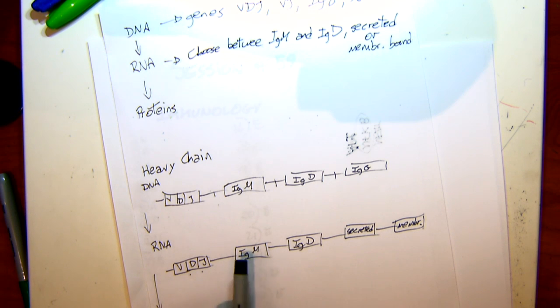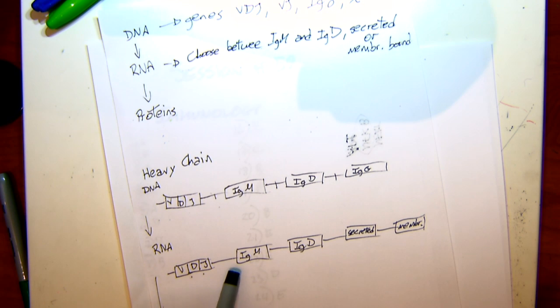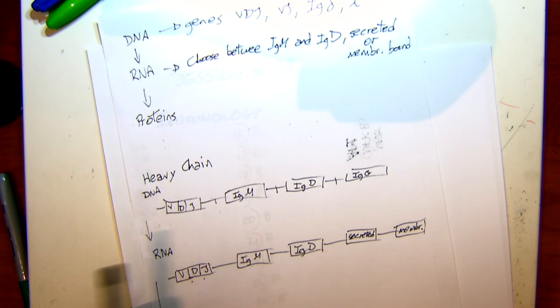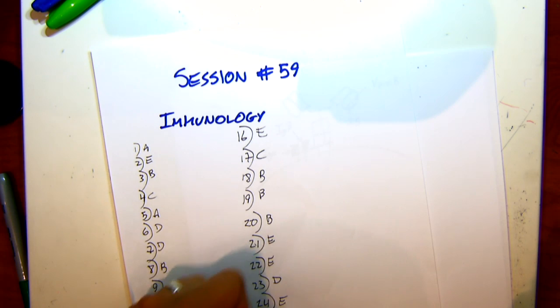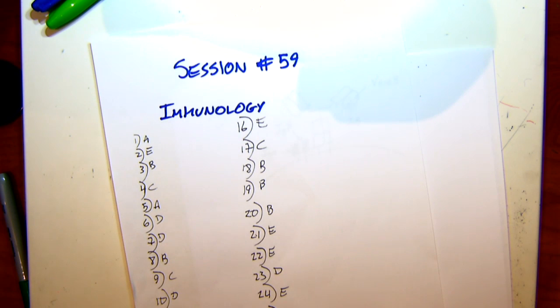So what your cell will do is cut out IgM if it wants to do IgD, or cut out IgD if it wants to do IgM, basically. Make sense? Cool. So 25D.